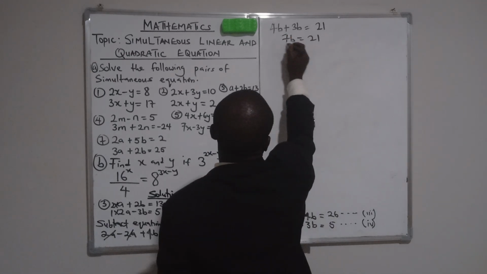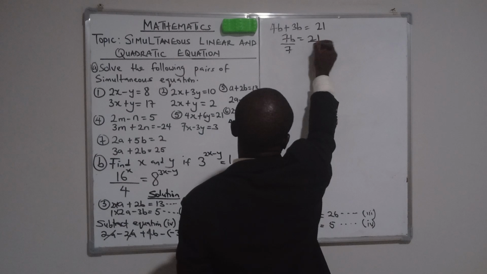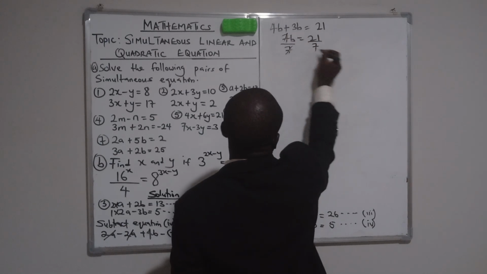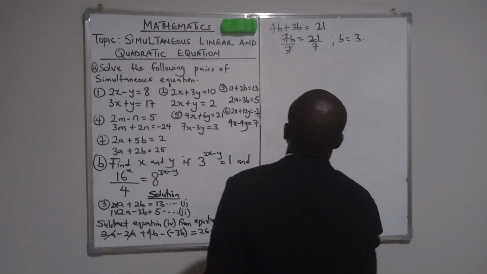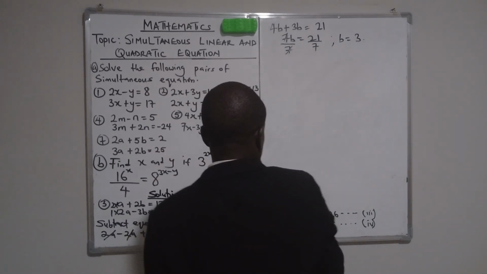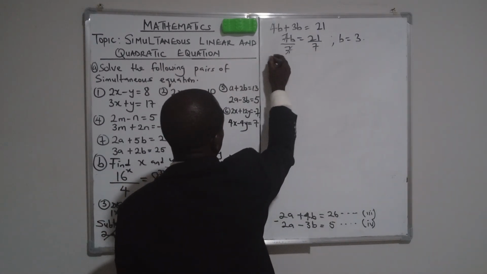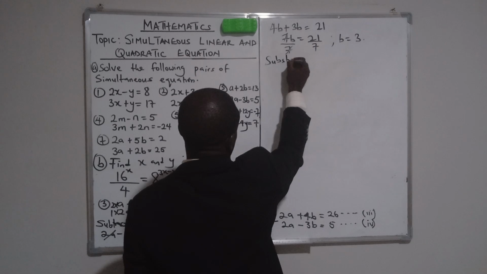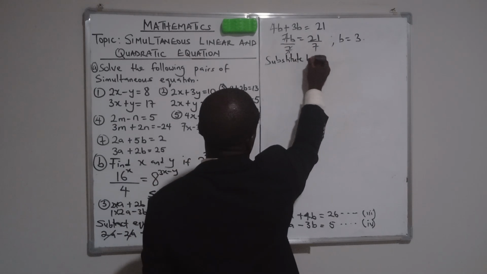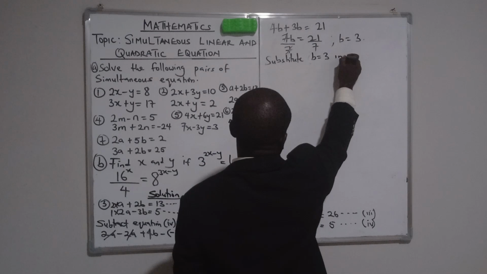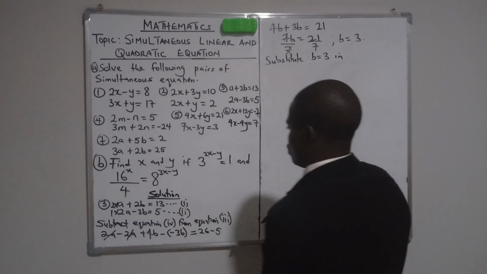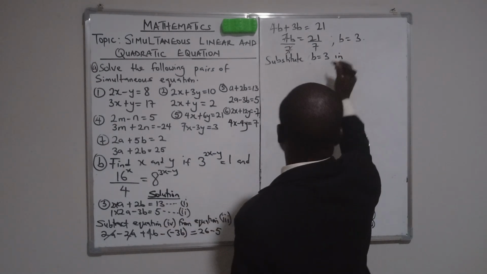Okay, divide both sides by 7. 7 cancels 7. B equals 3. Now substitute b equals 3 in equation 1.